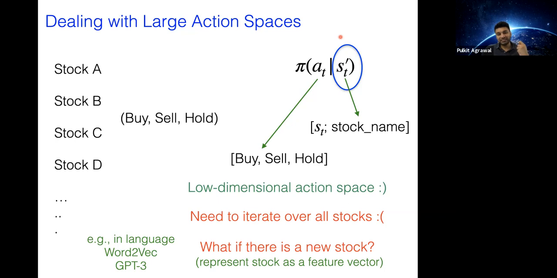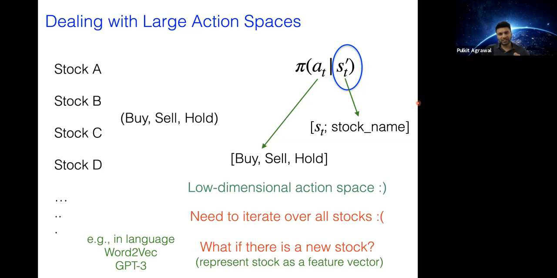But the takeaway from this part of our lecture is that yes, it is possible to handle a large state space. And even if my state space is dynamic, we can very easily account for it and incorporate it by learning an embedding.